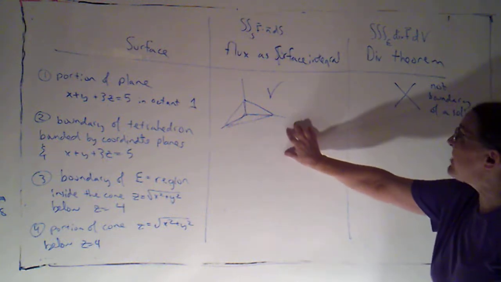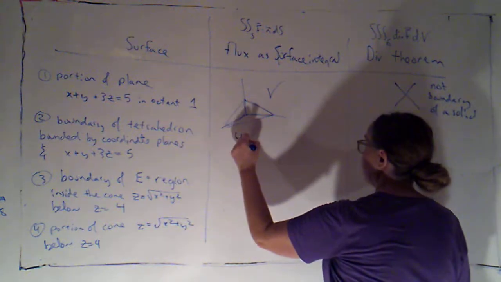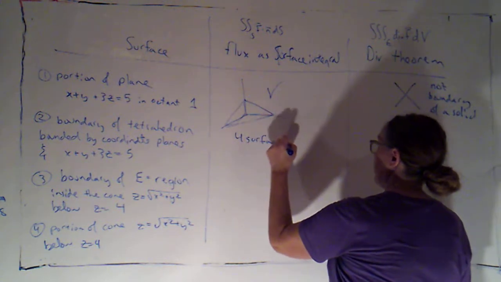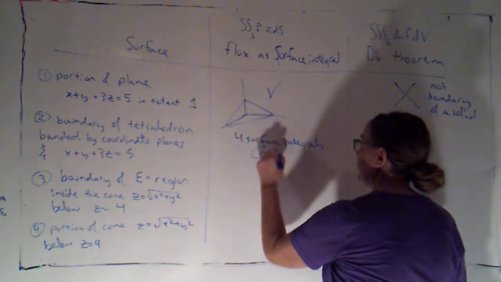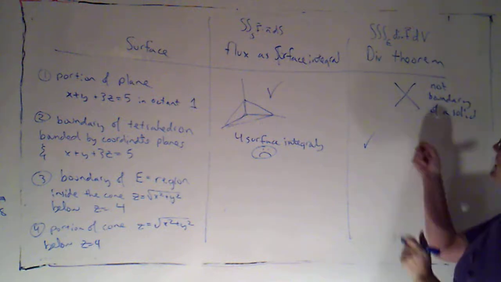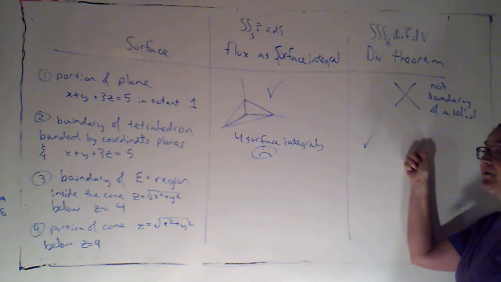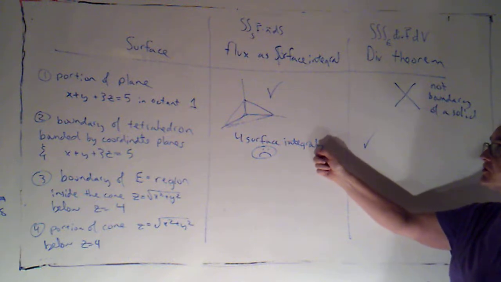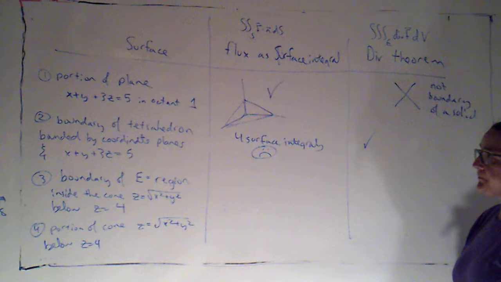If I were to do that as a surface integral, that would be 4 surface integrals. And while I think surface integrals are fun, I'm going to put a frowny face there. That's an awful lot of work. I'm going to try this one using the divergence theorem because it would be 1 triple integral instead of 4 surface integrals.